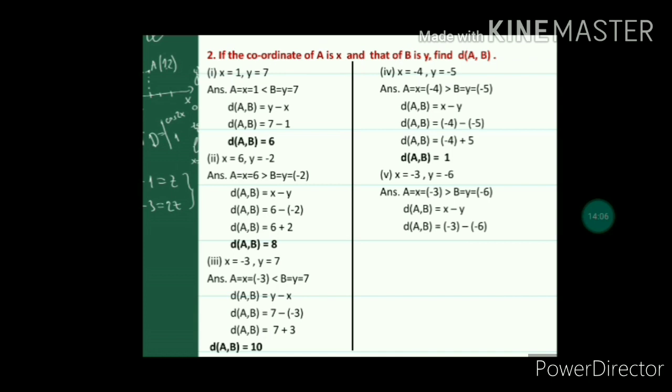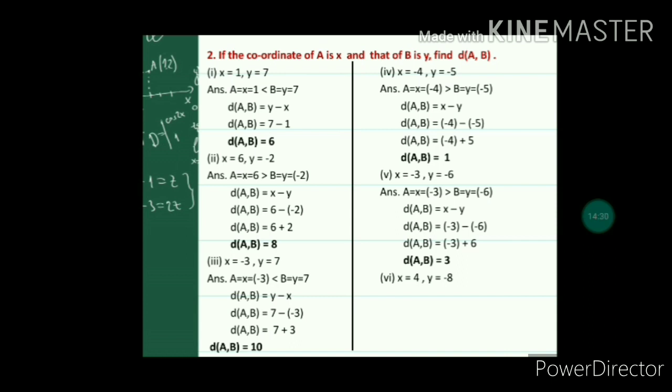Therefore, distance of AB is equal to in bracket minus 3 minus second bracket minus 6. Therefore, distance of AB is equal to minus 3 minus into minus plus 6. Therefore, distance of AB is equal to 3.